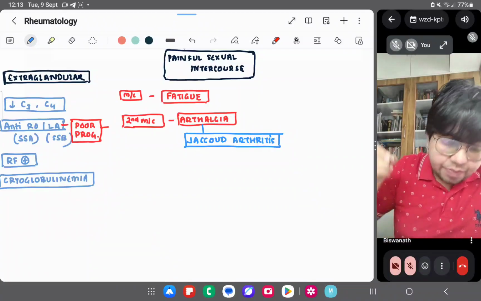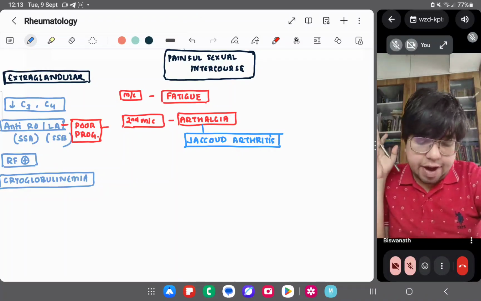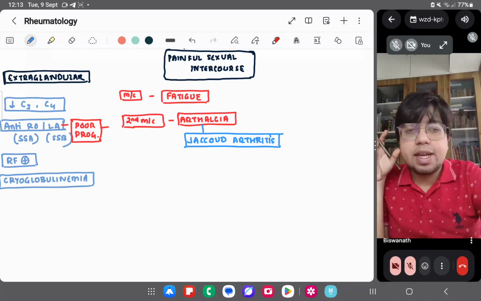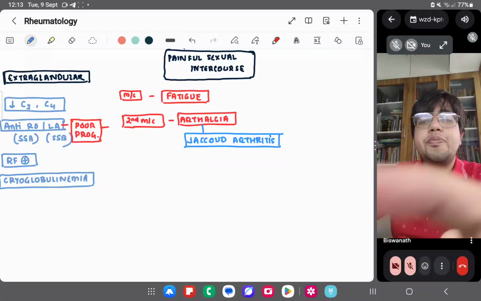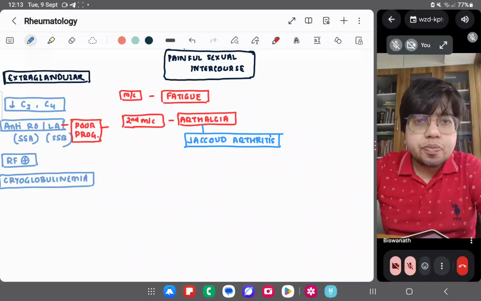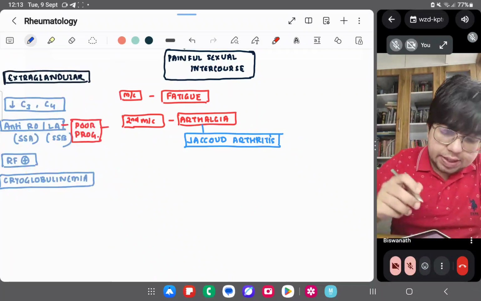This is the spelling, Jaccoud arthritis. So Jaccoud arthritis is there, then fatigue is there, arthralgia is there. Jaccoud arthritis is a non-erosive type of arthritis, so no need to worry. Just a minute, let me adjust the camera a bit. Okay, Jaccoud arthritis, this is done.